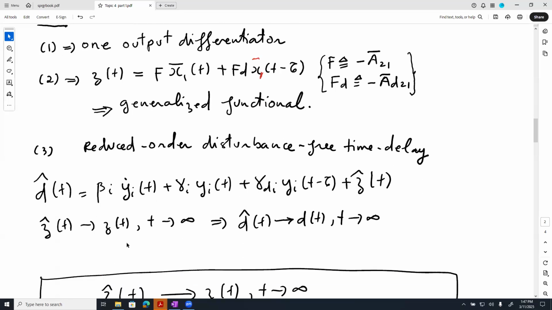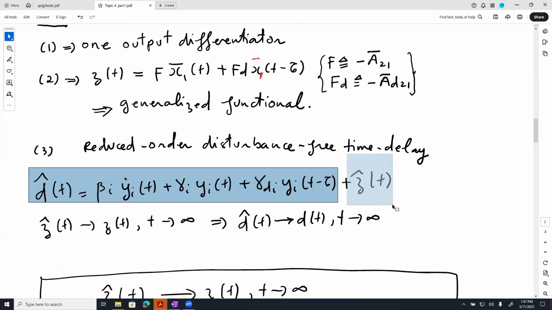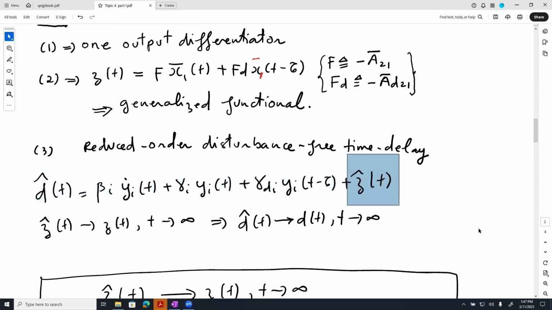And of course, as you can see, the estimation can be done if we can estimate this generalized functional. If we can estimate this generalized functional such that as time goes to infinity it asymptotically approaches the true functional, then we can guarantee that the estimated unknown input asymptotically converges to the true unknown input as time goes to infinity.